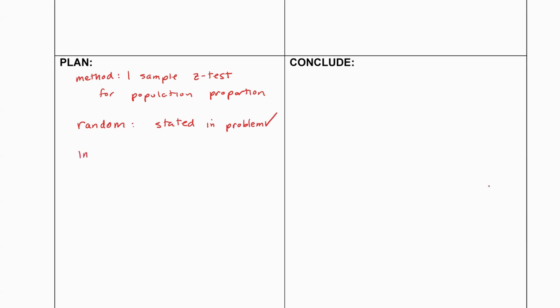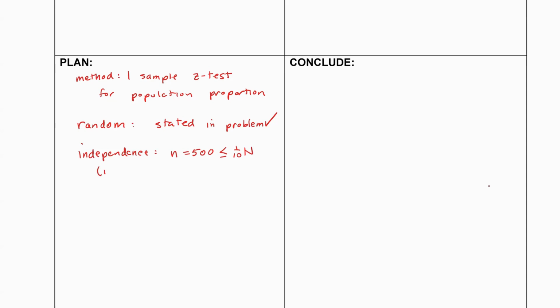We need to know about independence. We're sampling without replacement. So we ask, is the sample size of 500 potatoes less than or equal to 1/10 our population size?